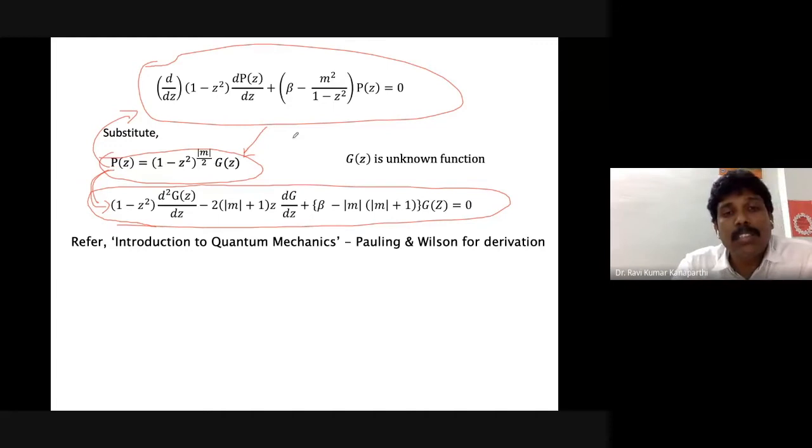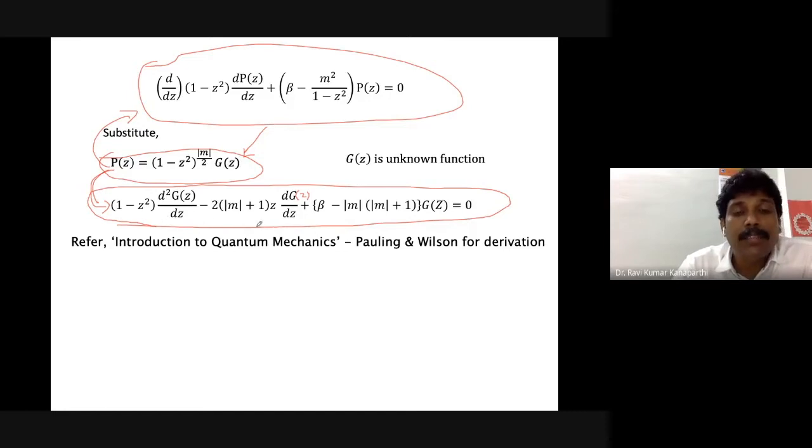Let me tell you what g of z is. g of z is an unknown function which needs to be determined. If you make the substitution in this, you would get this expression. Of course, here I have not written z, but g is always a function of z.